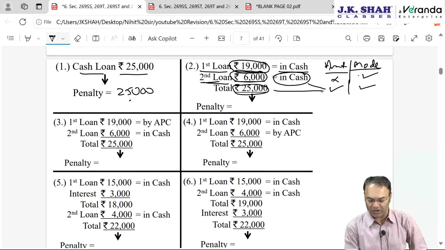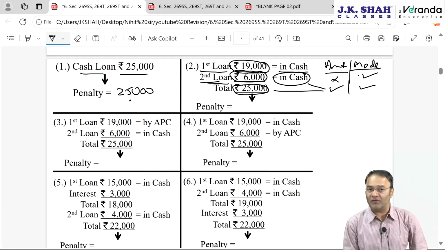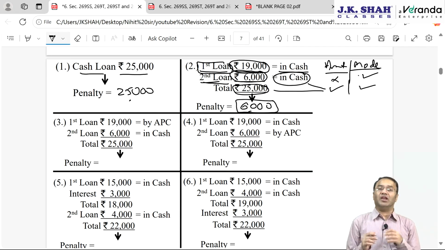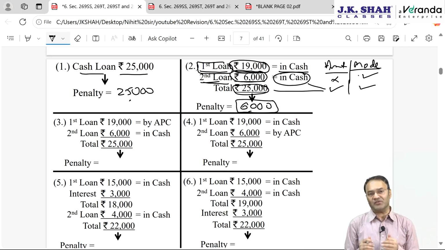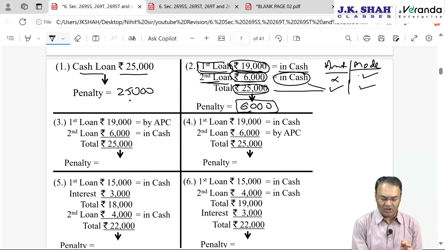Therefore, the amount related condition is breached. Mode of acceptance is by cash, that condition is also satisfied. Penalty will be levied. But how much? Answer: penalty will not be 25,000. Penalty will be only 6,000. The first transaction of loan will not attract any penalty, only the second transaction. The section is violated because of the second loan, not because of the first loan.